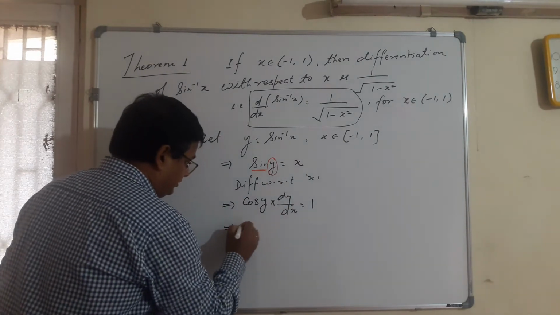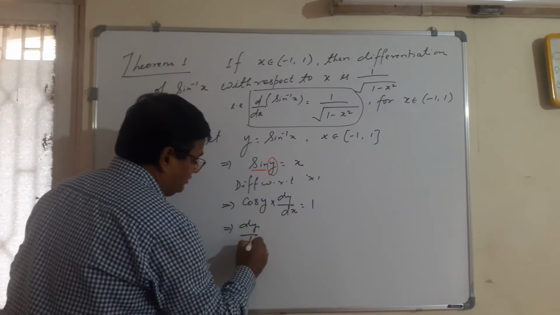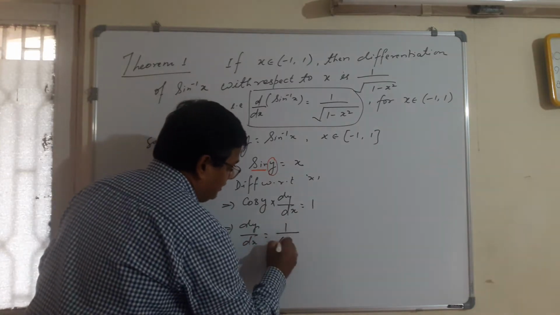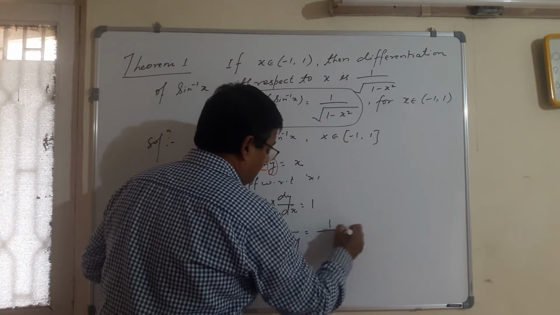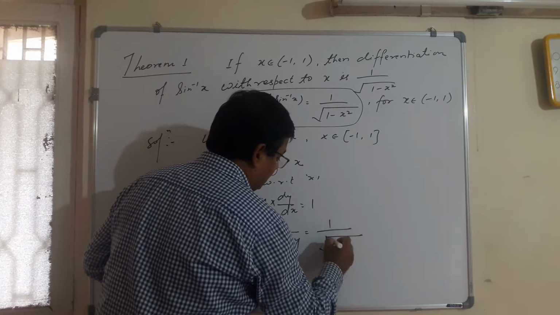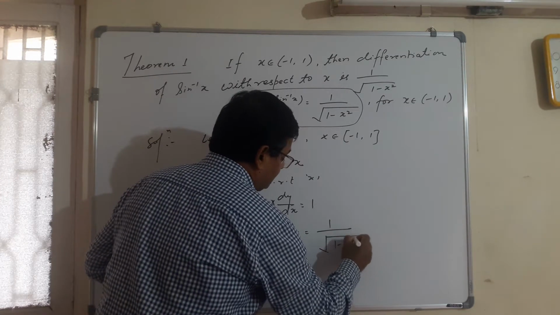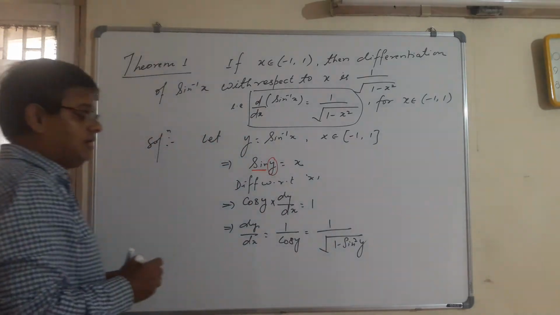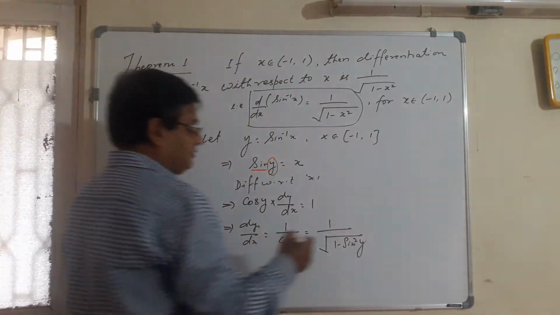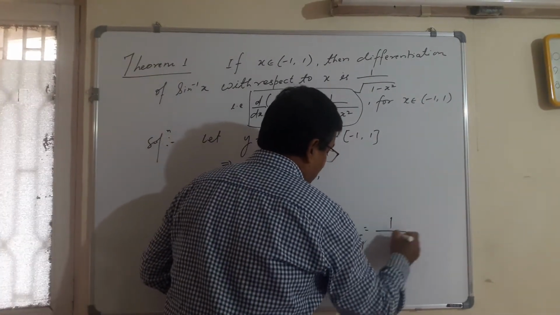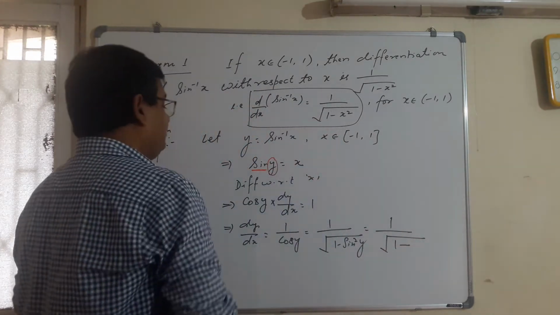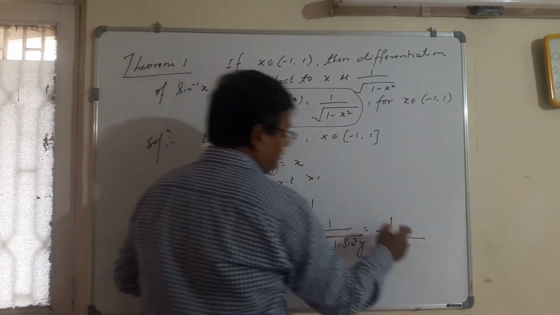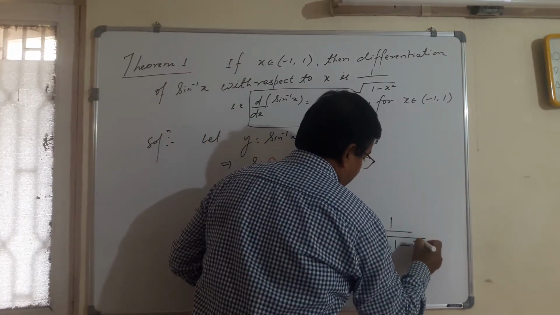So it means dy by dx is equal to 1 by cos y, and here 1 by cos y we can write like this: square root 1 minus sine square y. So it means 1 over square root 1 minus sine y, which is x, so here becomes x square.